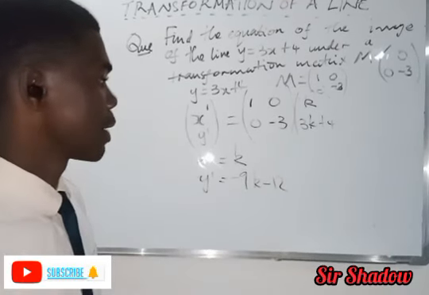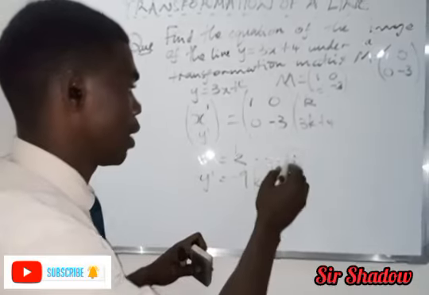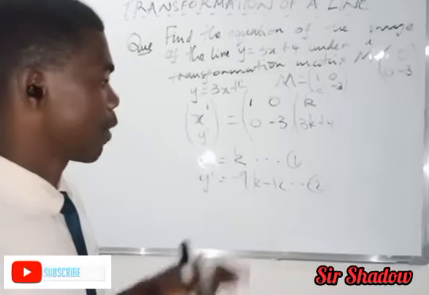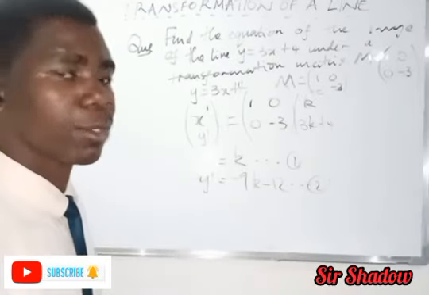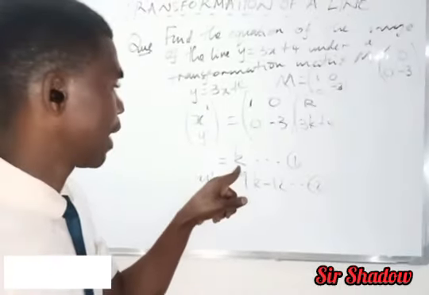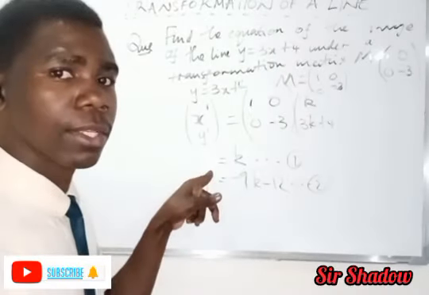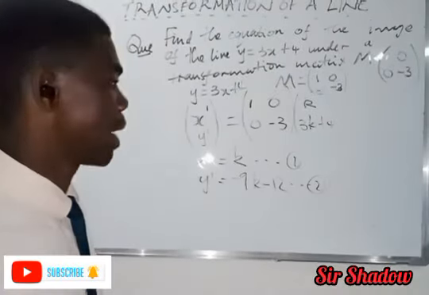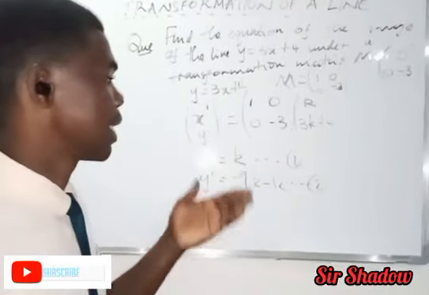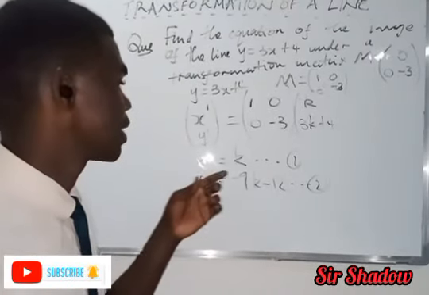Right. This one is equation 1 and this one is equation 2. For this step you have to make k the subject from any of these two. Since we already have k is equal to x prime, it's already the subject. But if it is not, you have to make k the subject.